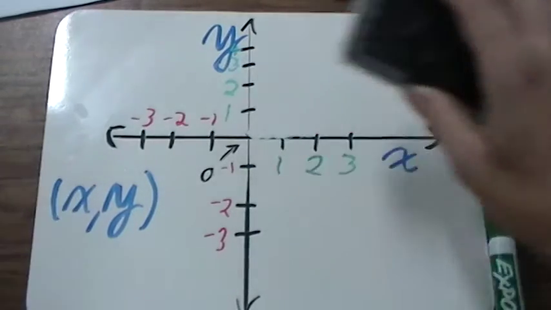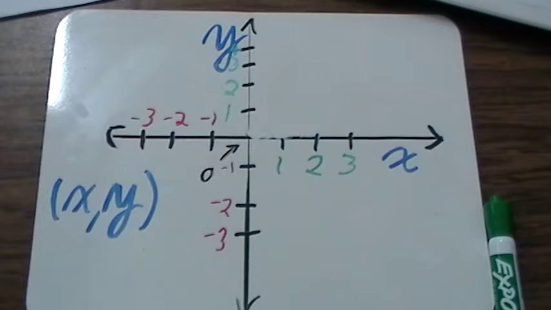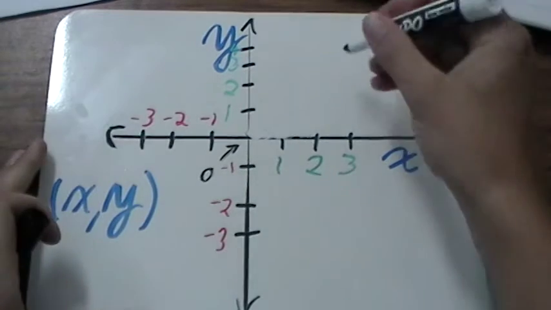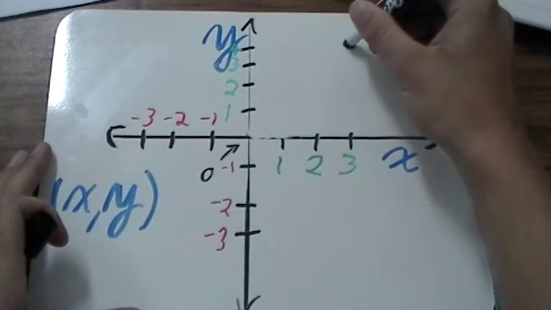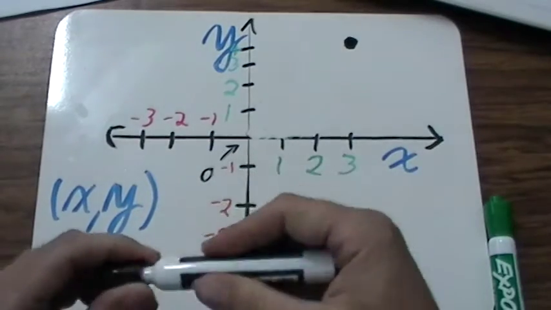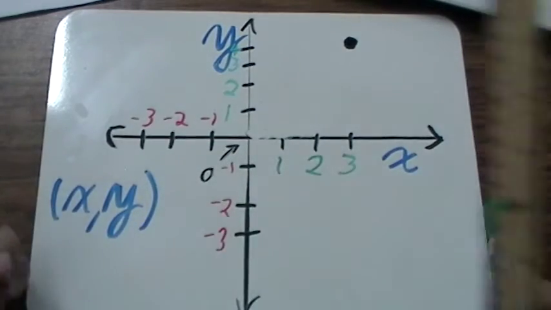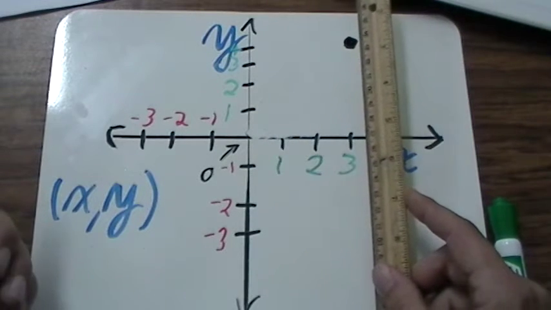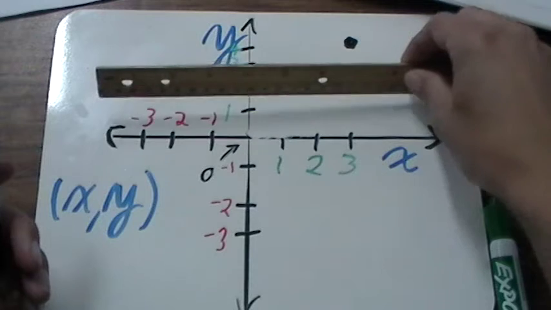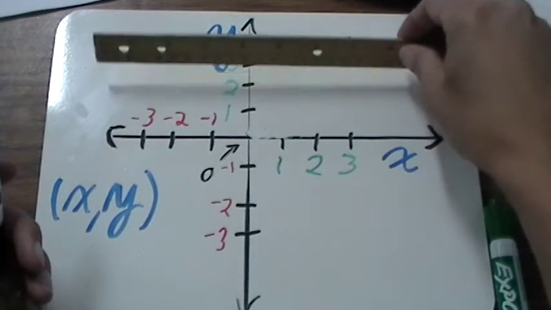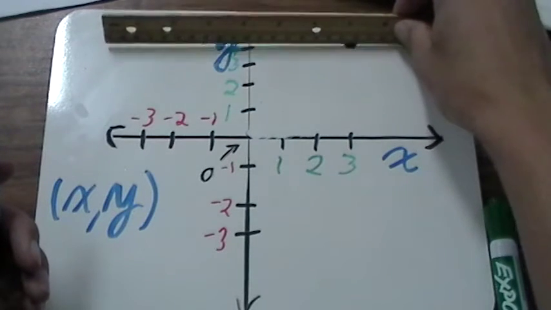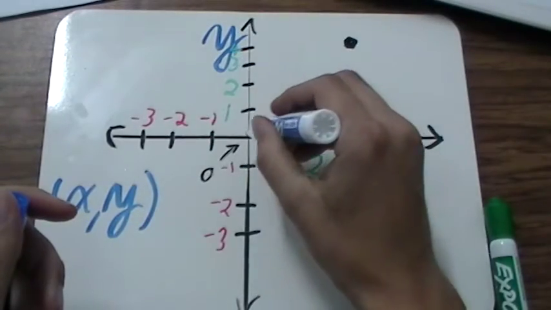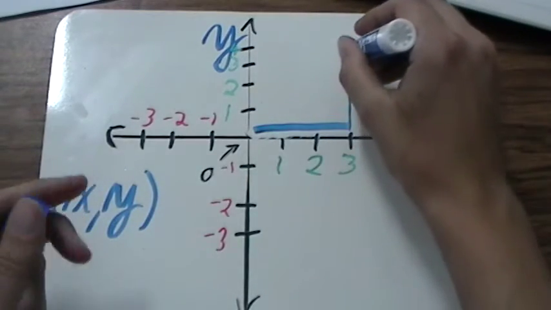If I gave you a dot that was right here, where would that be? Well, let's use our straight edge. 1, 2, 3, there it is. 3 over, and 1, 2, 3, 4, there it is. 4 up. 3 over, 4 up.